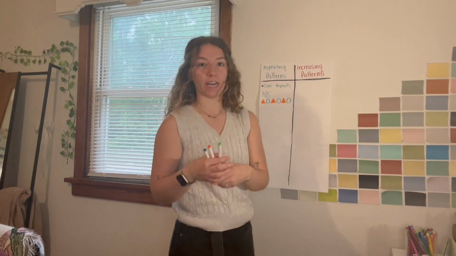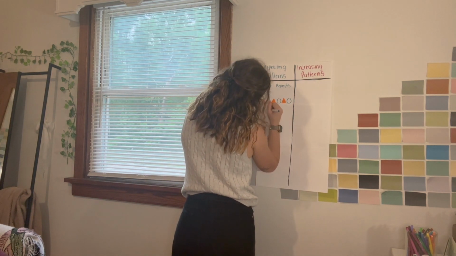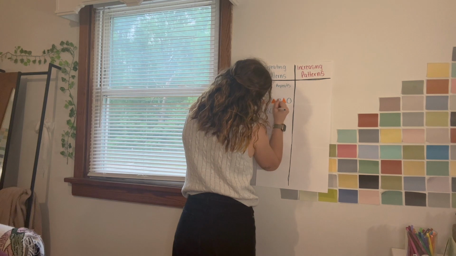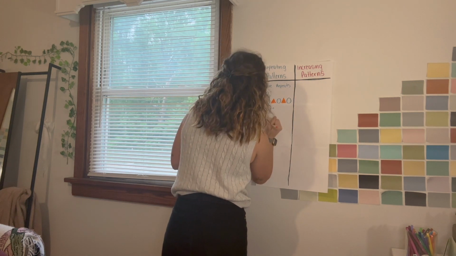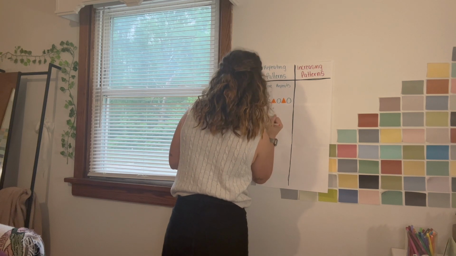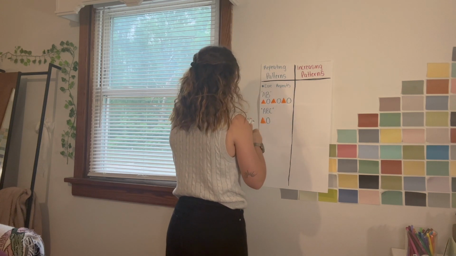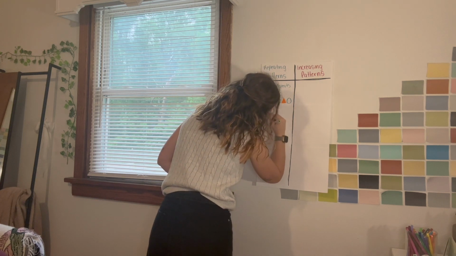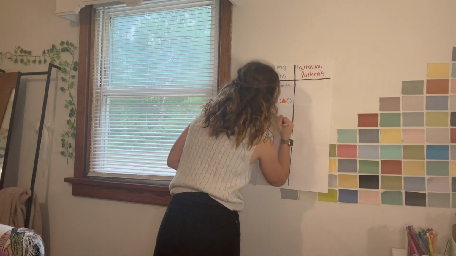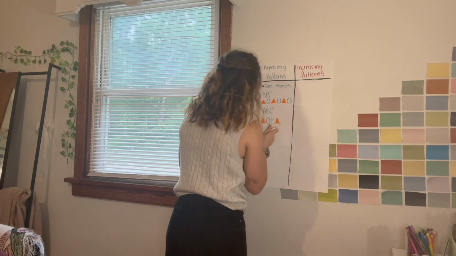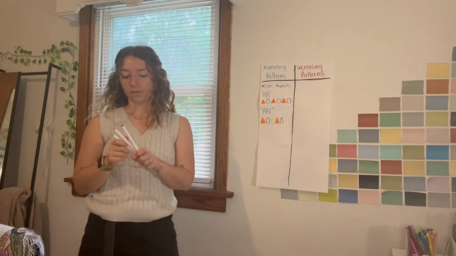Now, what if I had an ABC pattern? I'm going to add green. It would be triangle, circle, smiley face, triangle, circle, and then what's next?